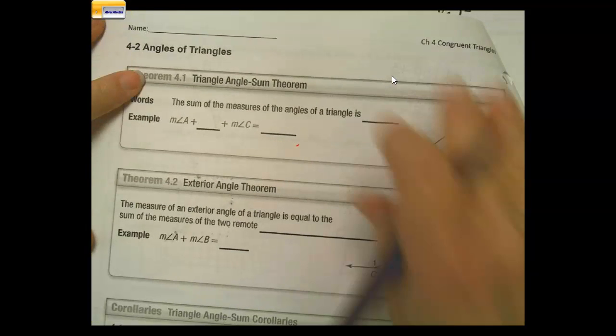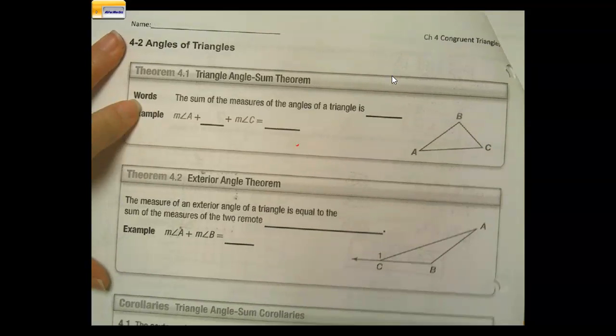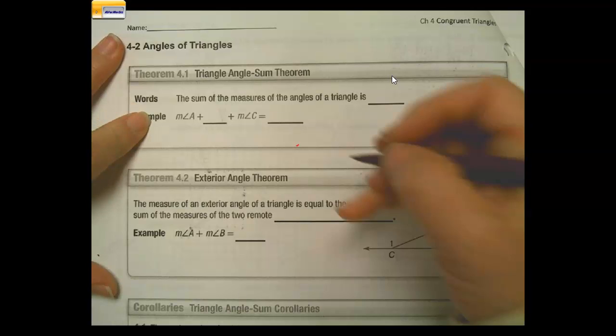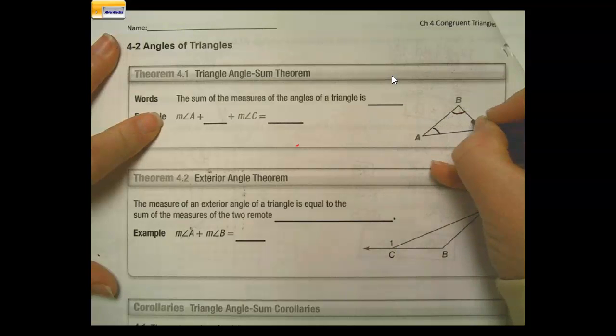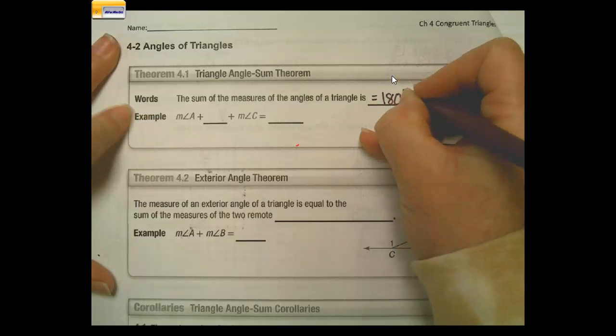Okay, so this, it's so hard for me to remember what you know and what you don't know. But I'm going to assume you don't know these things. So the sum of the measures of the angles inside of a triangle, so all of these, this plus this plus this, is always equal to 180 degrees.